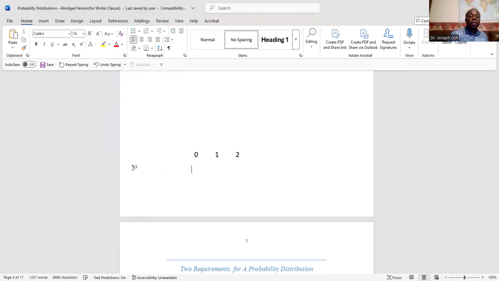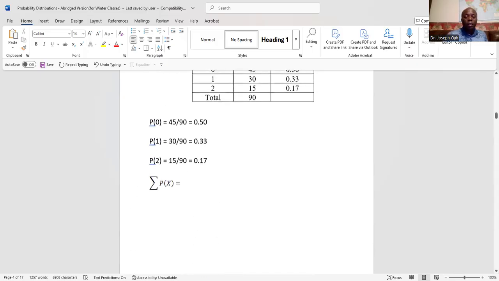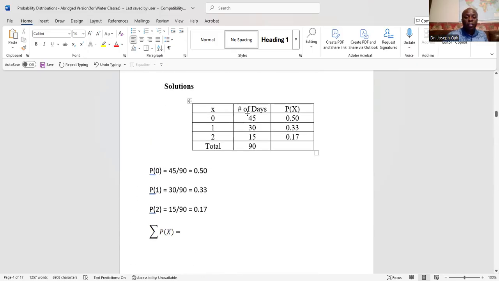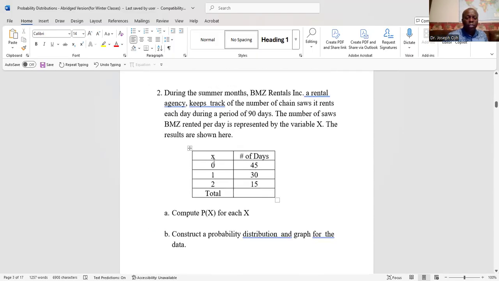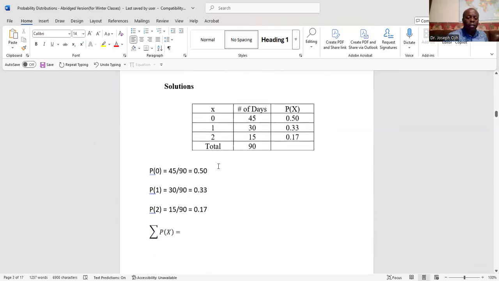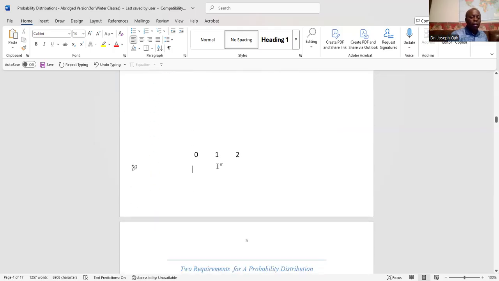I mean, not the P(x). Sorry, x represents number of chainsaws rented. Okay, so I'm gonna have it number of chainsaws rented.